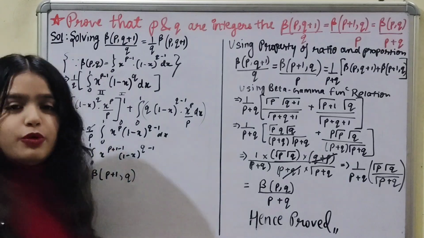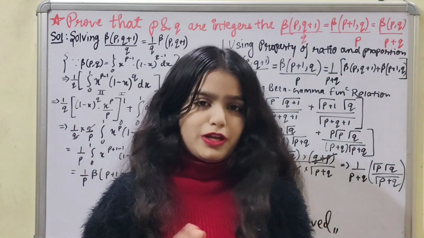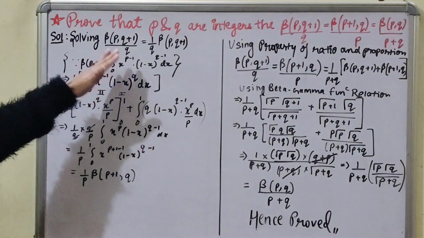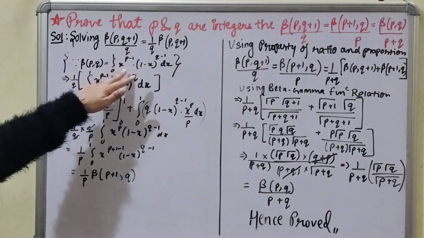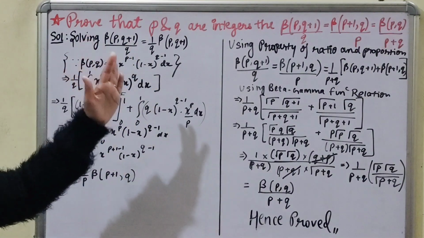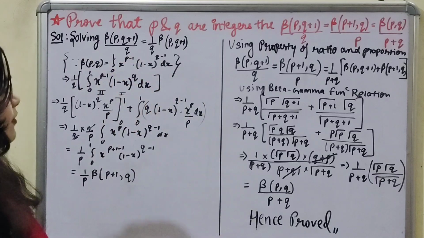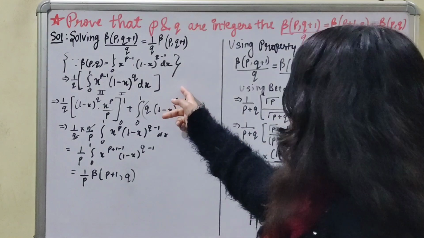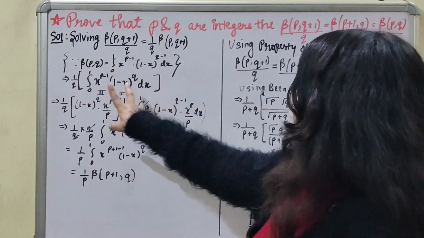Now we know the formula of the beta function, that is beta of P comma Q is equal to the integration from 0 to 1 of x raised to the power P minus 1 into 1 minus x raised to the power Q minus 1 into dx. So this formula we need to use here. When you use this formula you are getting two functions.